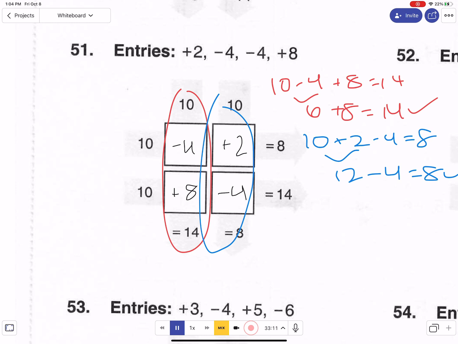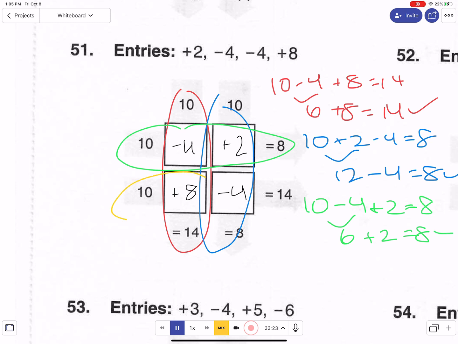That's correct. First row, 10 minus 4 plus 2 equals 8. 6 plus 2 equals 8. That's correct. Second row, 10 plus 8 minus 4 equals 14. 18 minus 4 equals 14. That's correct. So that would be our answer.